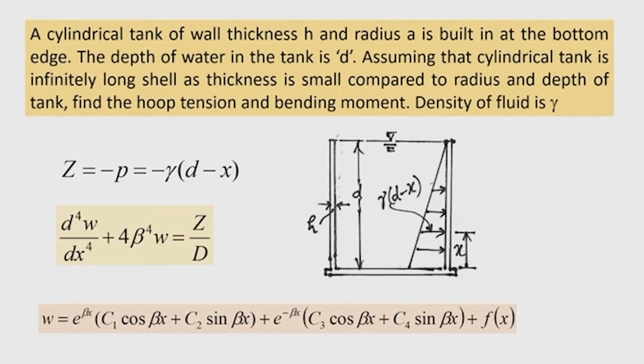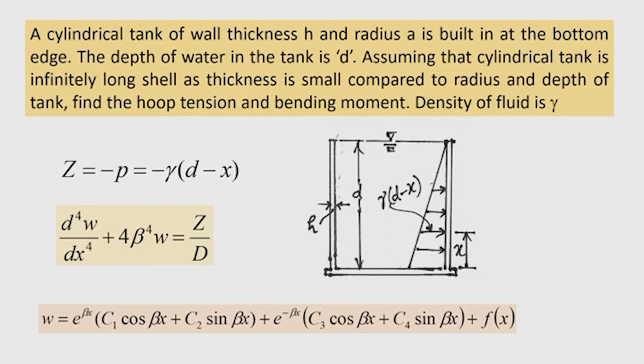For the solution we take the wall thickness as uniform, but it is not necessary that the wall thickness should be uniform, it may also vary. In that case the differential equation for the deflection of the shell will contain a coefficient which is variable in x. Radius of the shell is a and it is built in at the bottom edge.